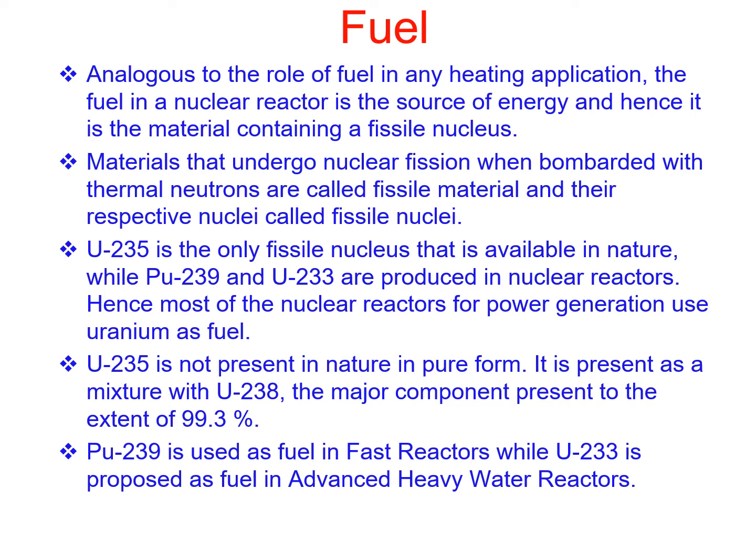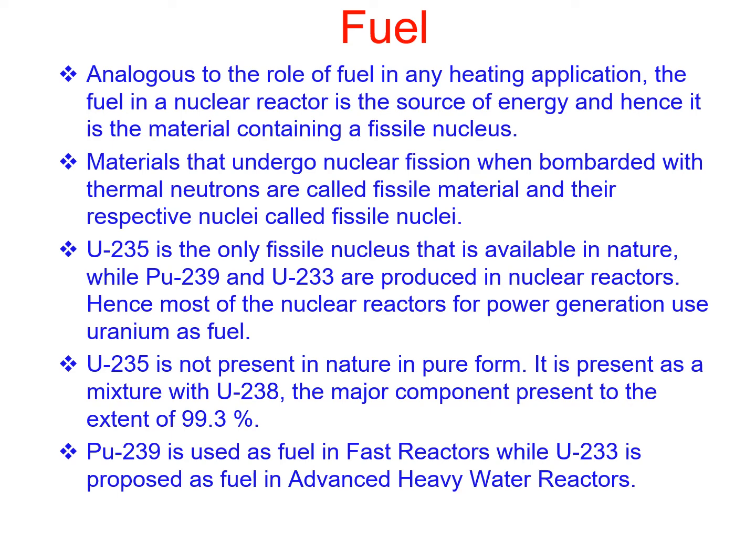The fuel, as we have discussed, uranium-235, is the commonly available fuel in nature, whereas other fuels which are also fissile materials, plutonium-239 and uranium-233, are produced in the nuclear reactors. Please listen carefully.